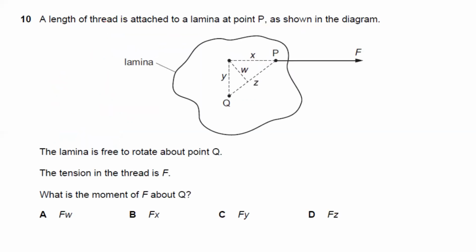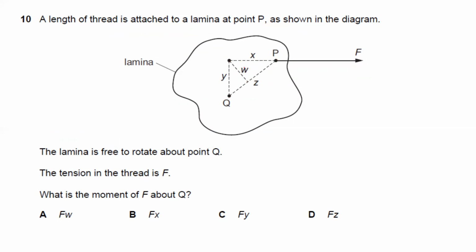Next question, question number 10. It says that a length of thread is attached to a lamina at point P as shown in the diagram. So we have this diagram. P is the point on the lamina, and the force is in this direction.